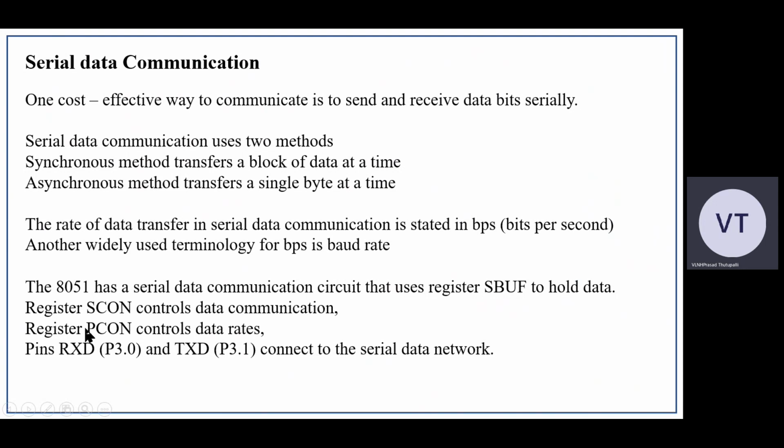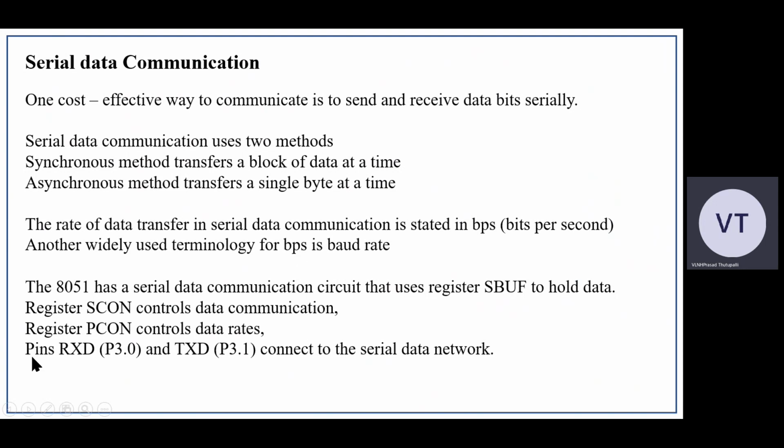The PCON register is used to set the data rates, meaning 9,600 bits or 4,800 bits per second. How many bits you want to send per second is called the baud rate. It is also called BPS or baud rate.